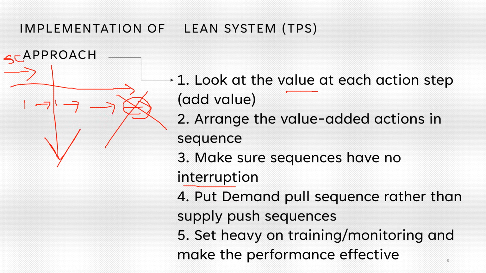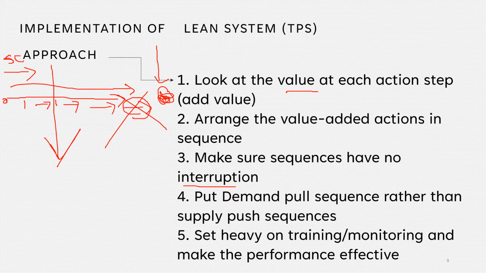So put in a demand pull sequence. The customer order is going to be at the end of the production. When the order comes in, we're going to produce. We're going to start pulling the system.